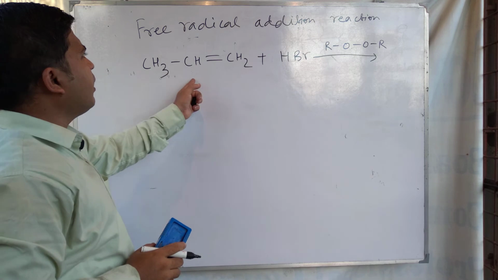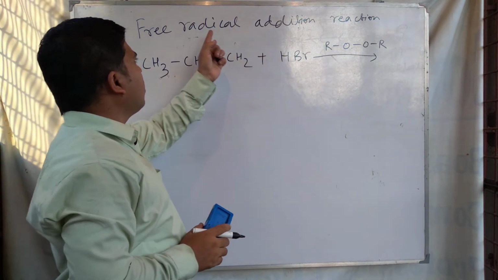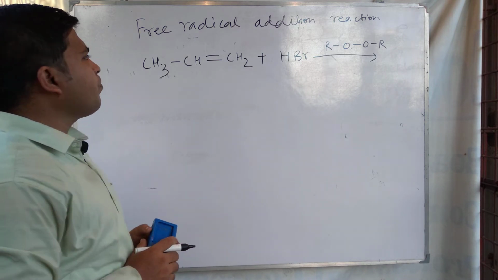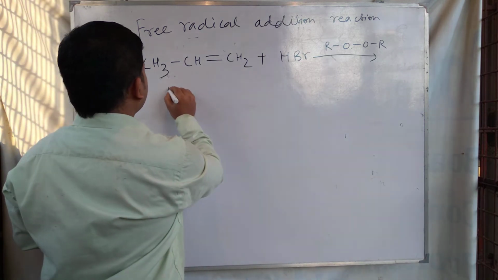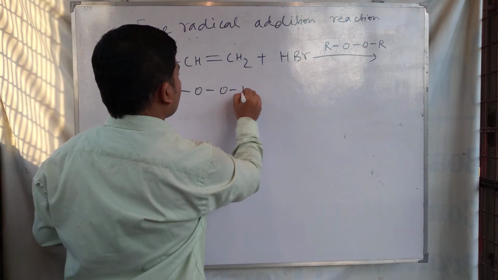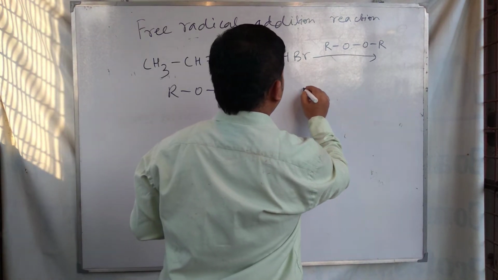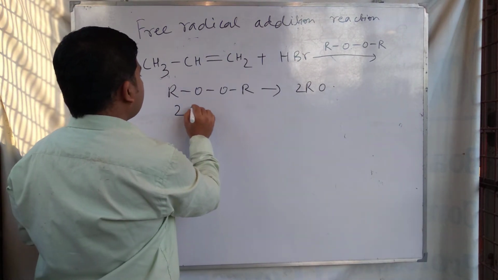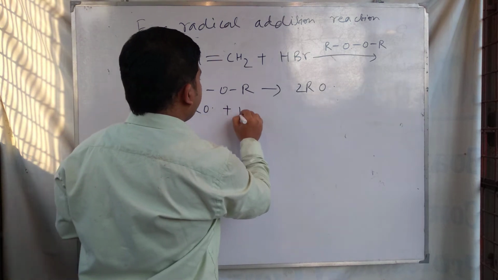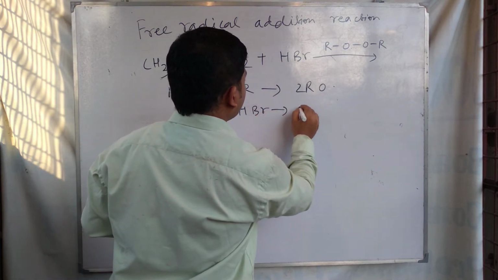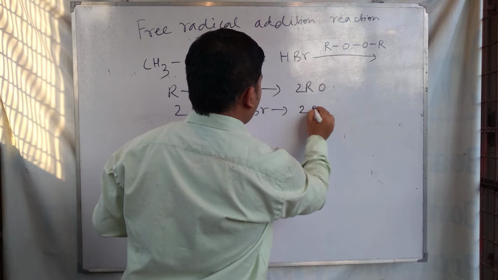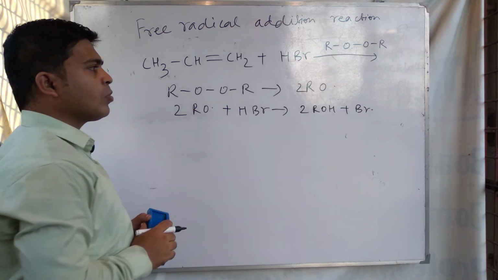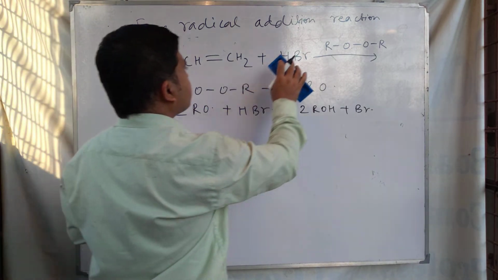This reaction is an example of addition reaction, and the free radical addition mechanism occurs in this reaction, because this peroxide at first breaks to form 2 RO dot, and this 2 RO dot reacts with HBr to form 2 ROH plus Br dot. This Br dot starts the reaction.